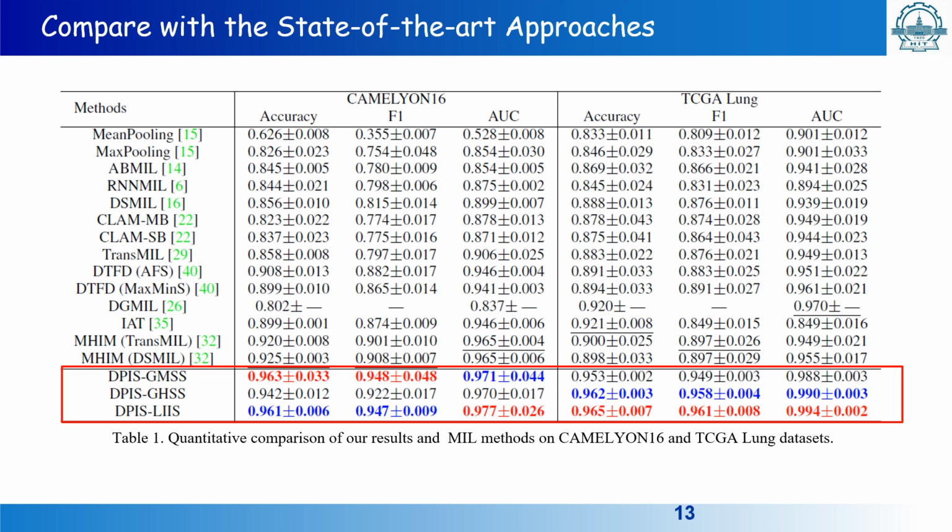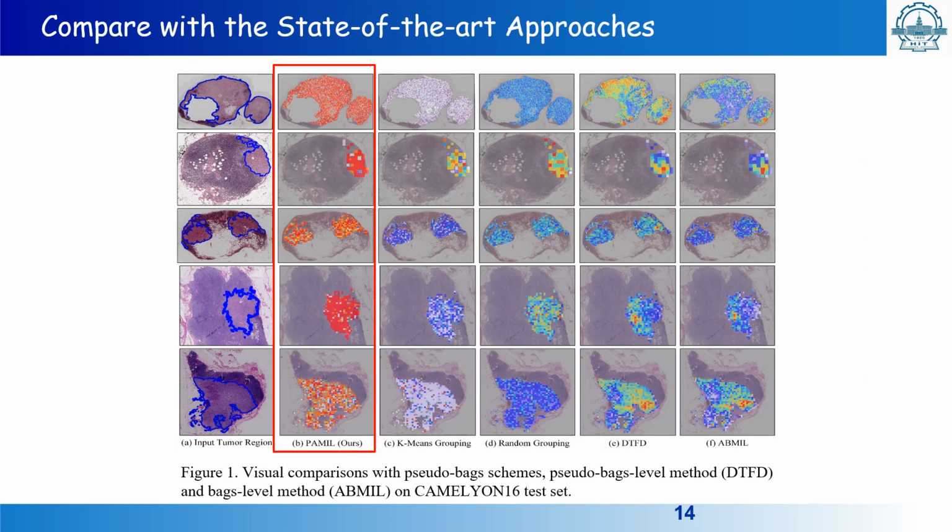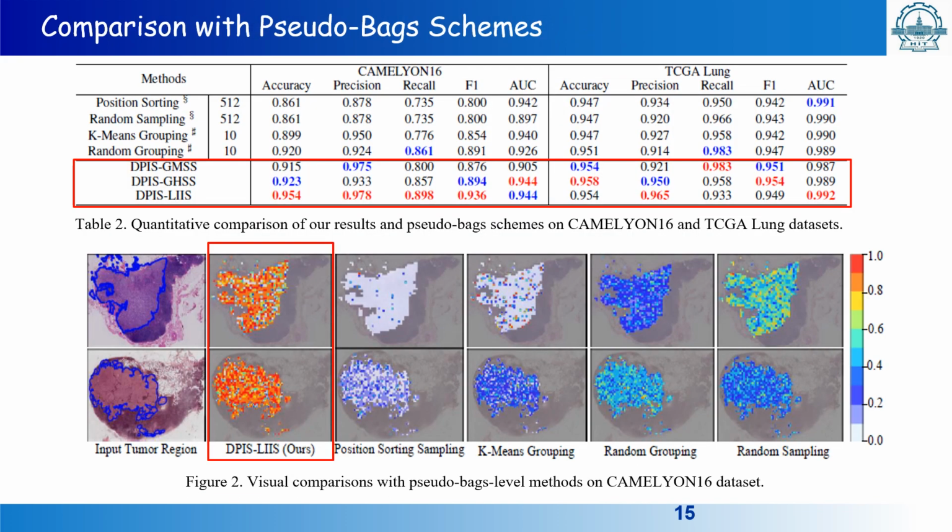Our PAML achieves the best prediction performance. Here we show some visual examples. Our PAML produces results with better attention to the tumor region. We construct quantitative and qualitative comparisons with different pseudobag strategies. Our DPIS scheme facilitates more accurate learning of bag representations that are closely associated with disease region.